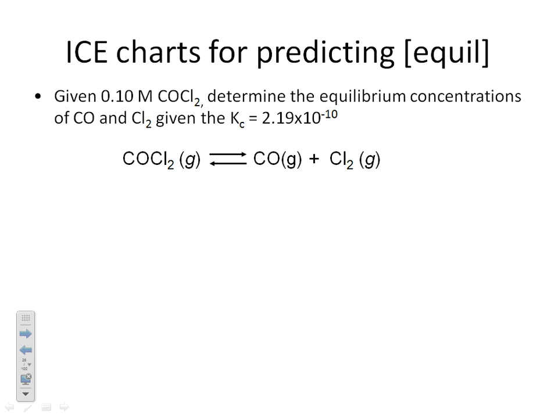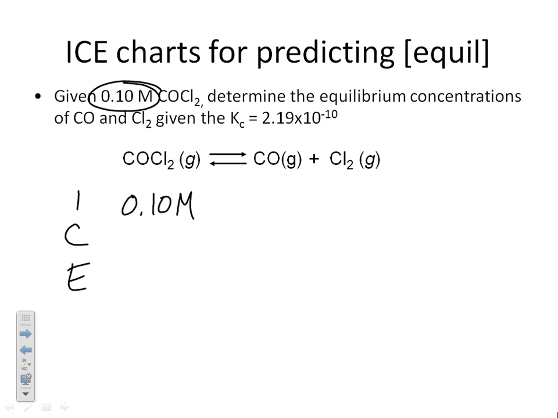Now the reaction is already written, which is great, so we're just going to go straight to the ICE chart and start filling stuff in. Scanning the problem, we're only given one concentration, and it's 0.1 molar COCl2. When we're given information about reactants, really that's our initial concentration, 0.1 molar COCl2.